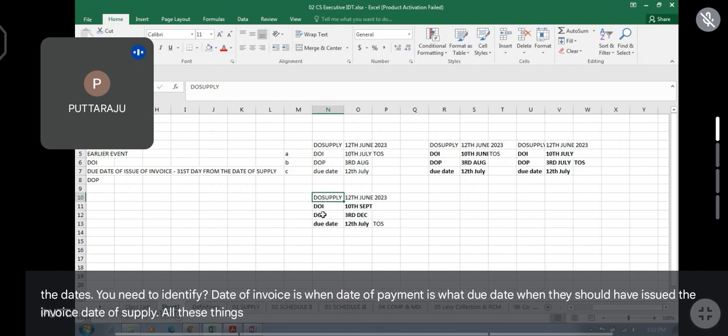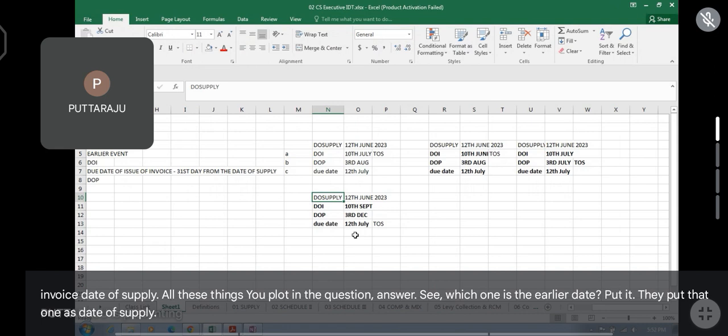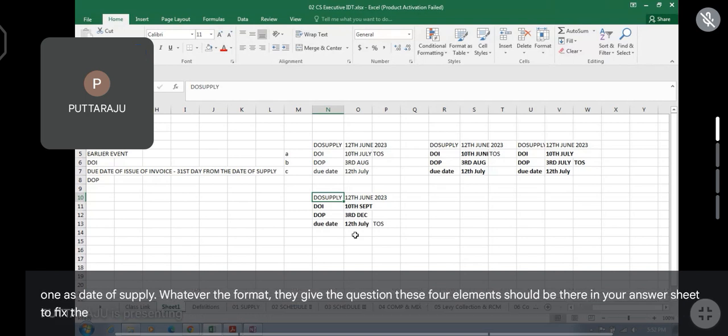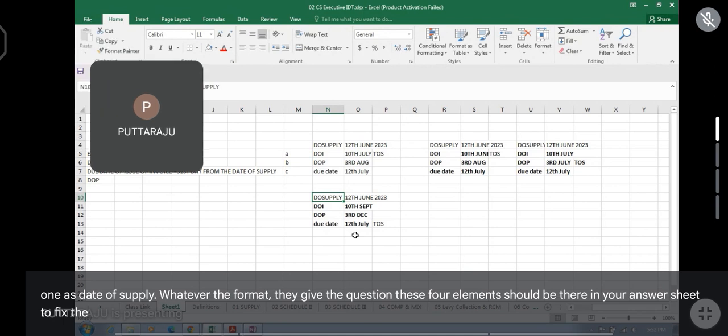You plot them in the question answer, see which one is the earlier date, put that one as date of supply. Whatever the format they give the question, these 4 elements should be there in your answer sheet to fix the time of supply.